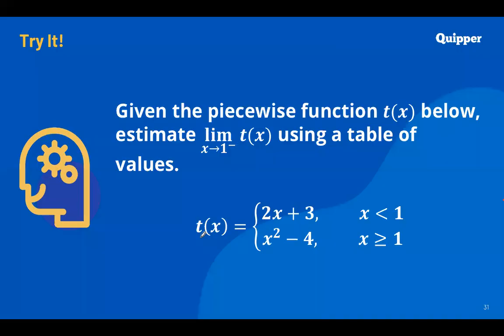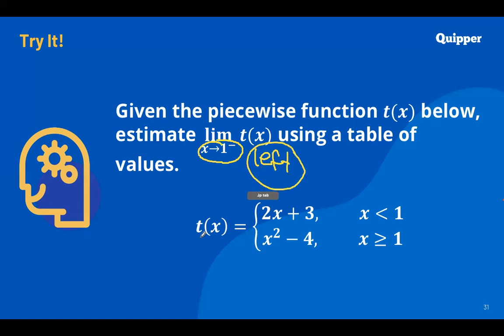Okay? Now, given the piecewise function, t of x below, estimate the limit of t of x using a table of values. So we have given here the limit as x approaches 1 from the negative, that is left.